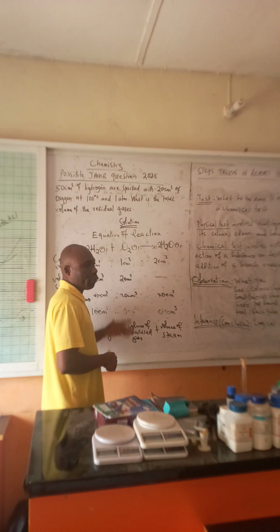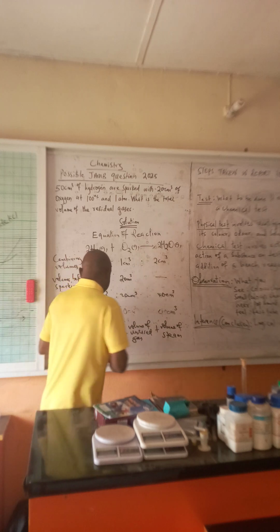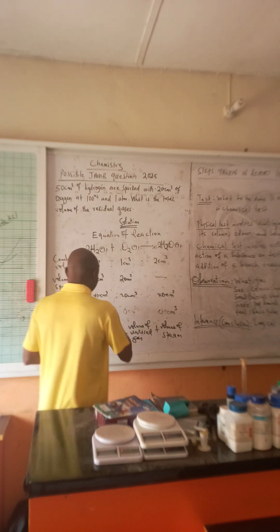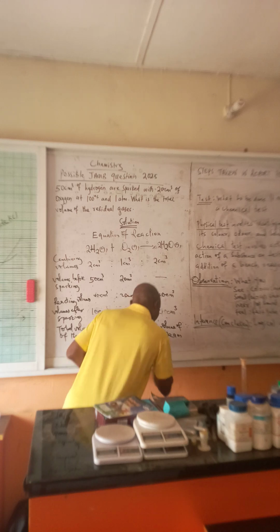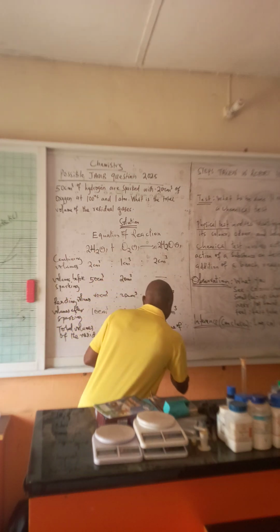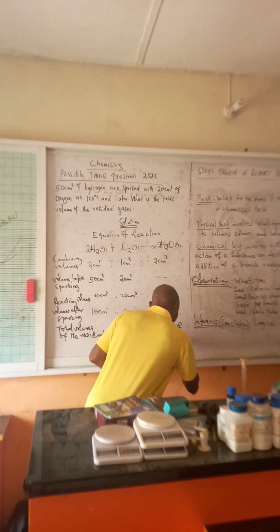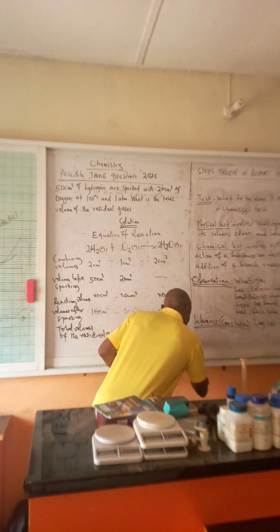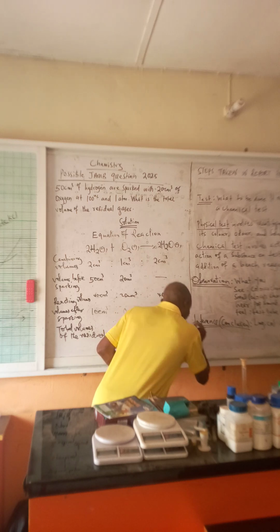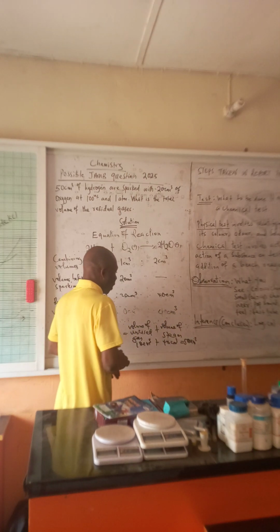It was used up completely. Then the total volume of the residual gases is equal to 10 cm cubed, which is the unused gas, plus the volume of steam, which is 40 cm cubed. And that will give us 50 cm cubed as the answer.